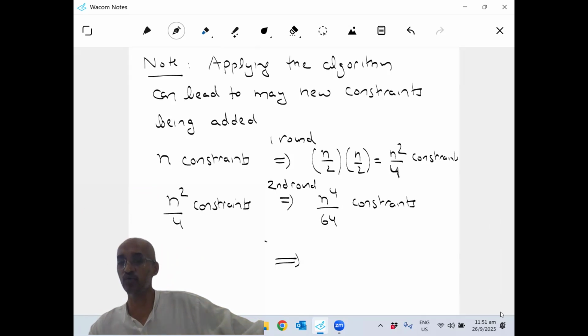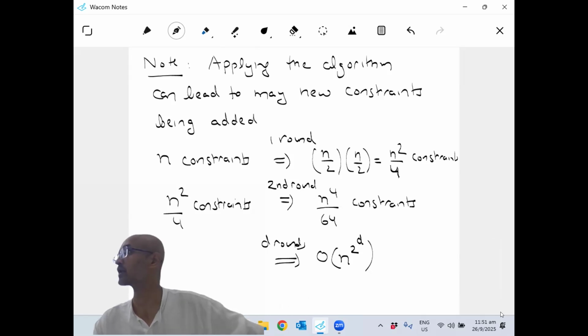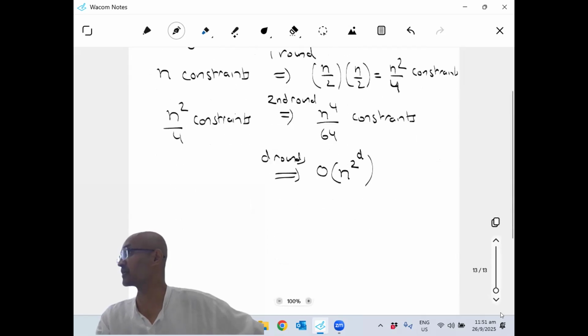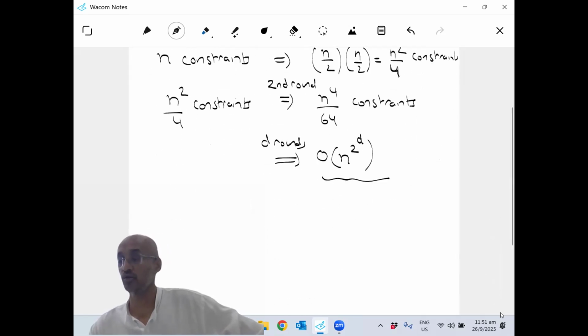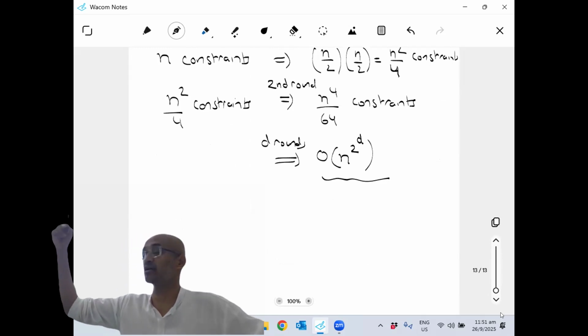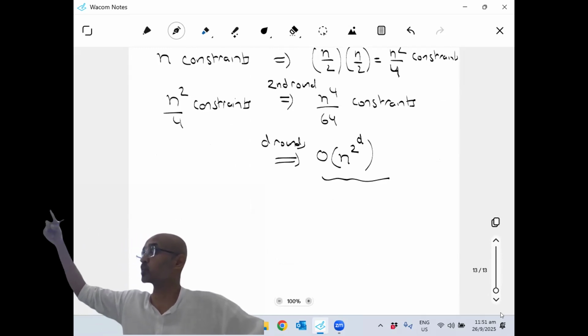So after d rounds of this algorithm, as you keep projecting out a variable, roughly this will be order n to the power 2 to the power d. This is horrible complexity. This is growing extremely rapidly. It's not 2 to the power n. If d is n, it's n to the power 2 to the power n.